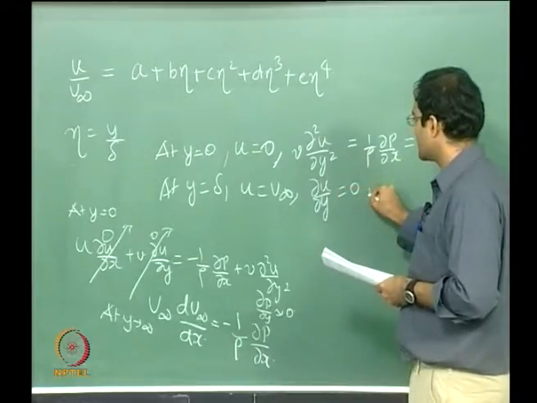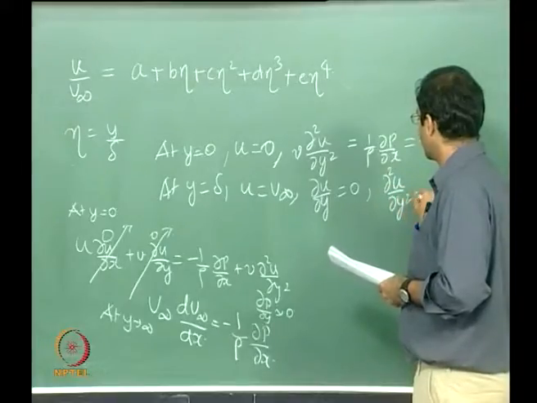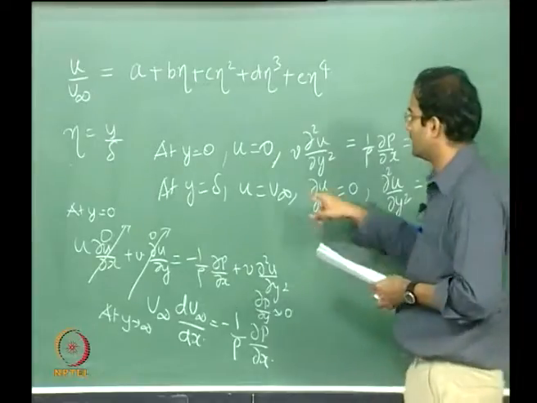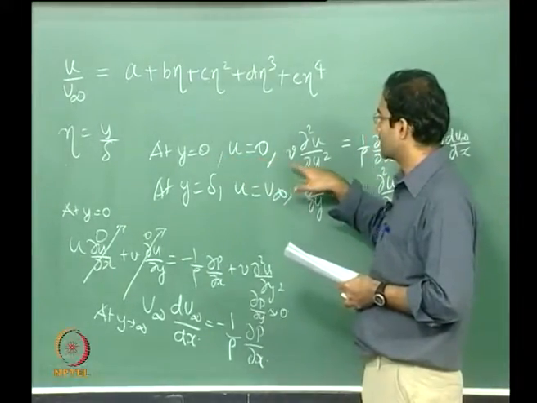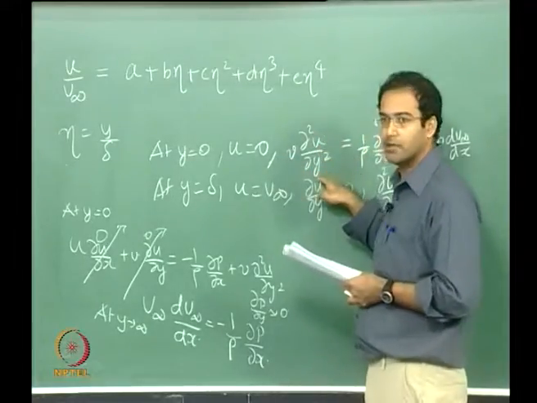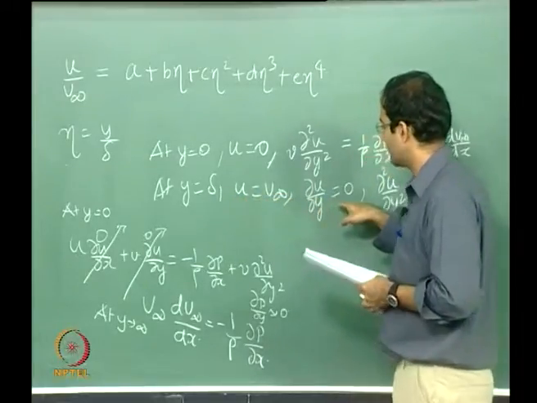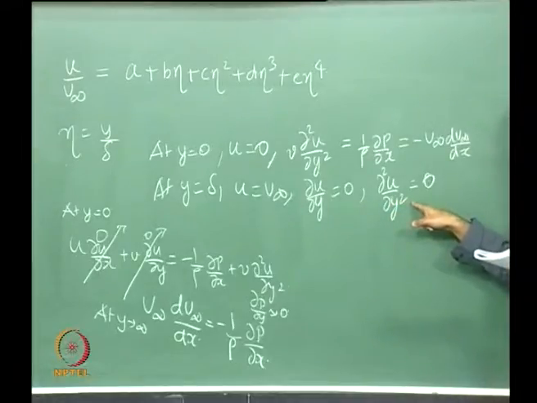And finally the last condition will be, so in terms of the order you see, we started with the wall, this is u equal to 0, and then we don't know what is the gradient at the wall, but we have applied a second order derivative condition. At y equal to delta we know u equal to u infinity, we know the first order derivative should be 0, and again the curvature also.